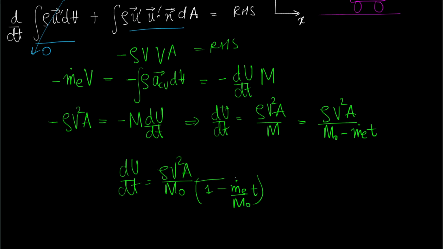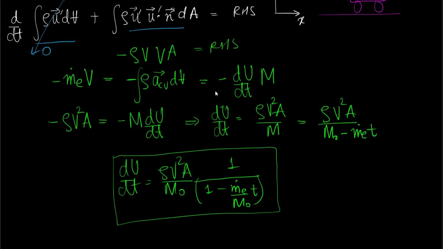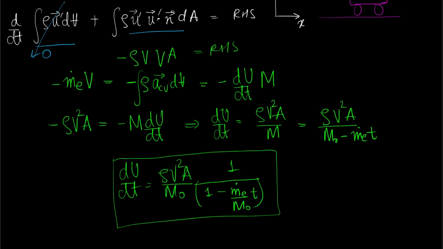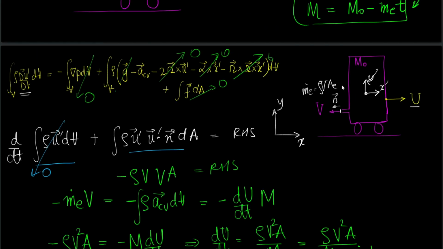And you can easily integrate this. There will be a logarithm coming into the picture, but I'm not gonna go ahead and do that. I'll let you enjoy doing that integration. It's a very simple integration, nothing challenging about it. But the important thing is the concept. The concept is in the moving frame, v is going to be constant. This momentum content on the left hand side is not going to change, right?